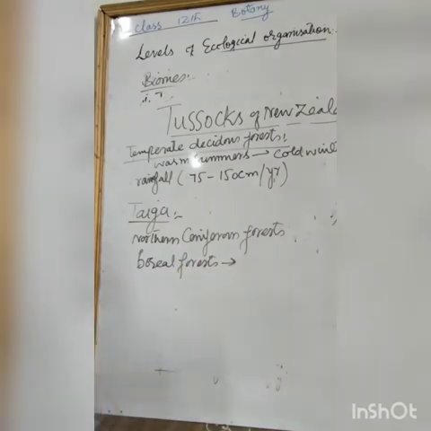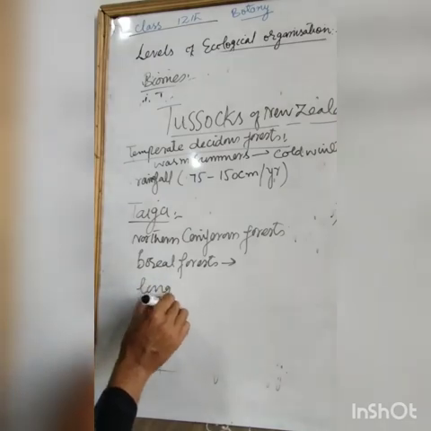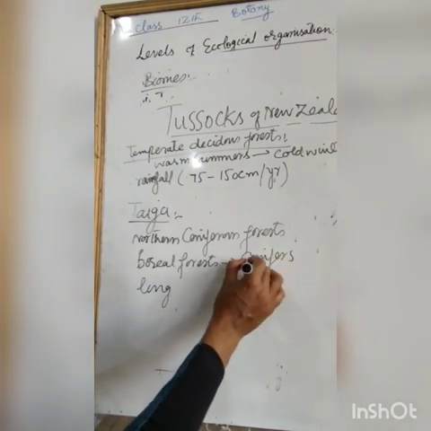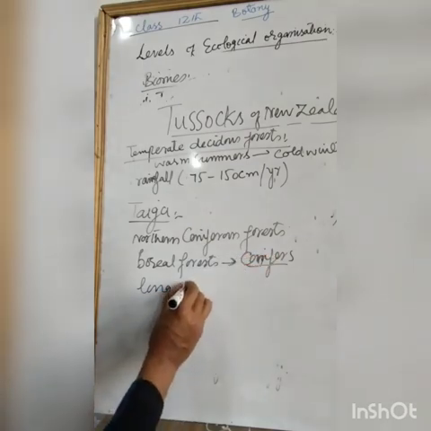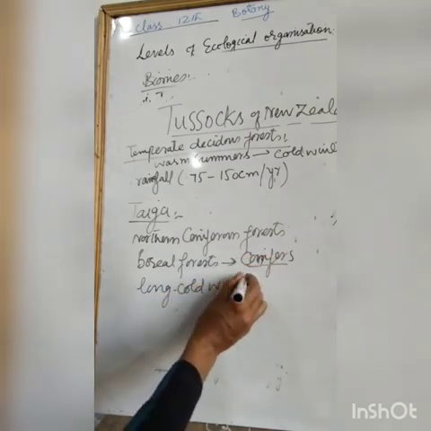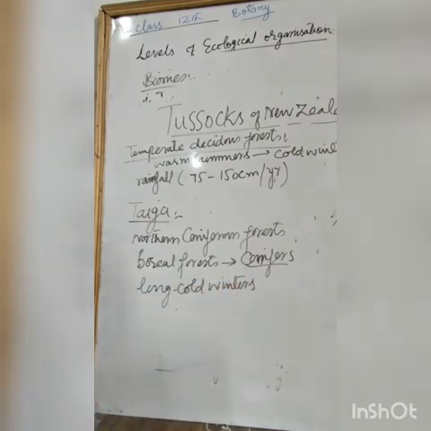These consist of evergreen, cone-bearing trees like spruce and species of pinus or hemlock. It is characterized by long, cold winters with little rainfall. The harsh climate limits productivity of the Taiga community. That means there is less productivity because of the harsh climatic conditions.